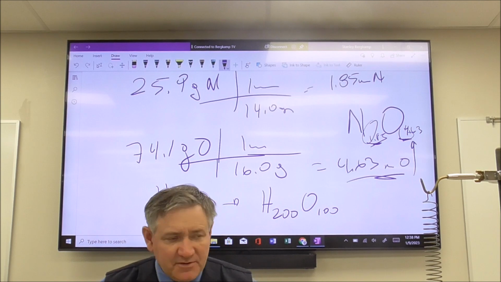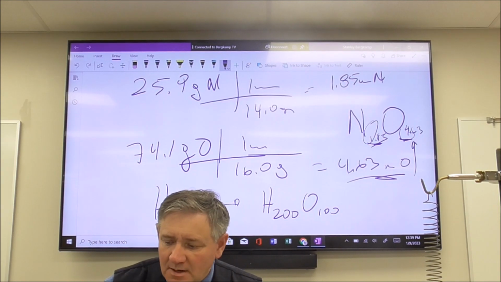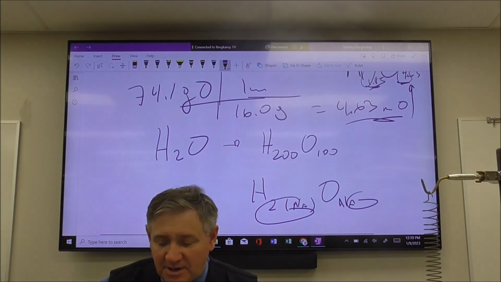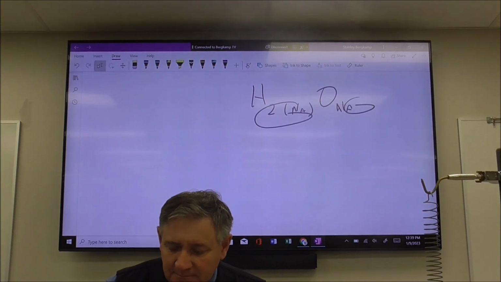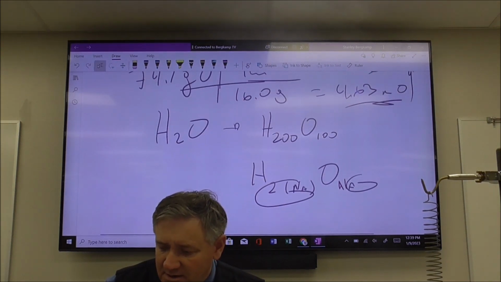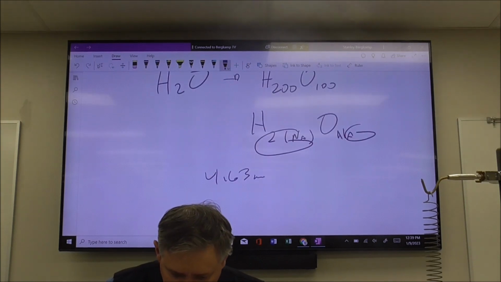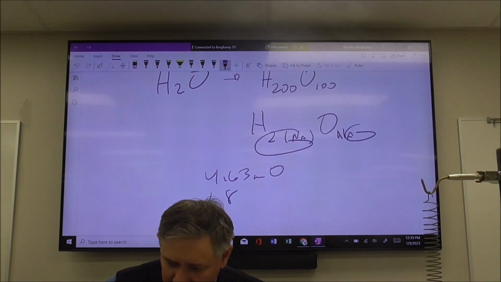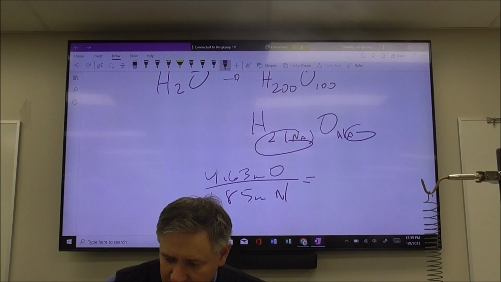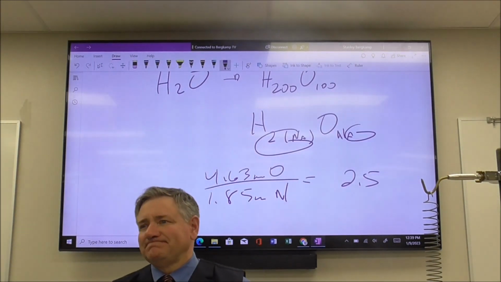I'm going to divide everything by the smallest number. I was a particular jerk when I made this problem up, I'm just going to tell you right now. When you take that 4.63 moles of oxygen and divide it by the 1.85 moles of nitrogen, you get 2.5.